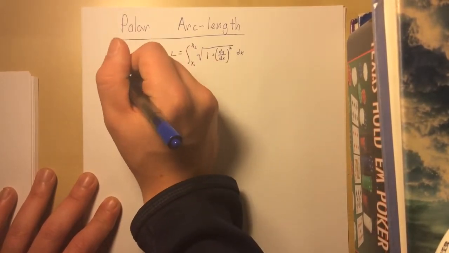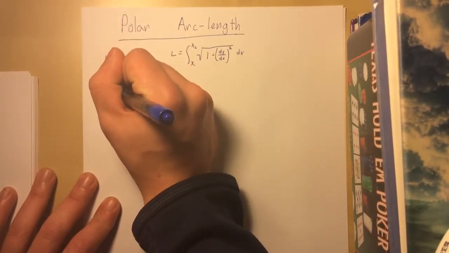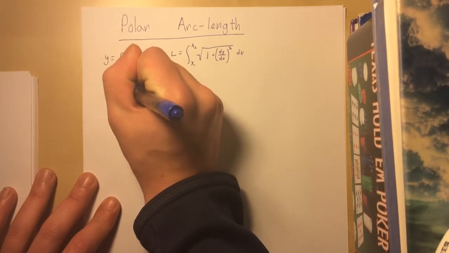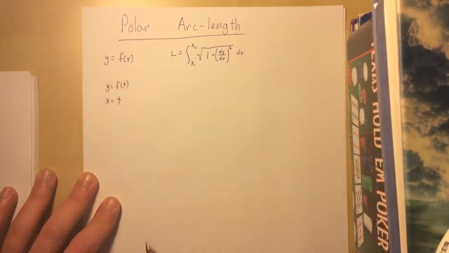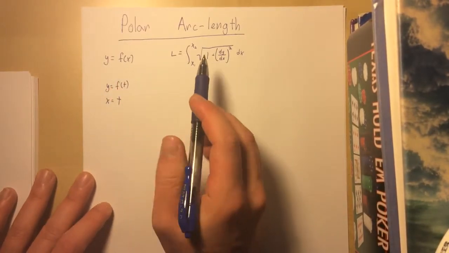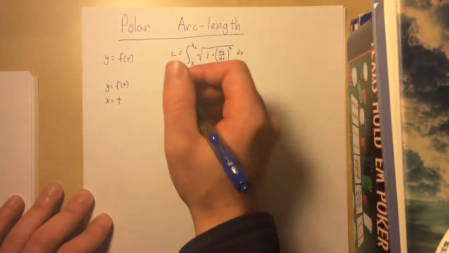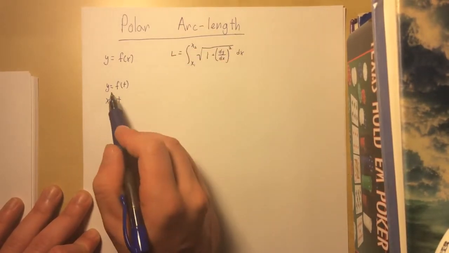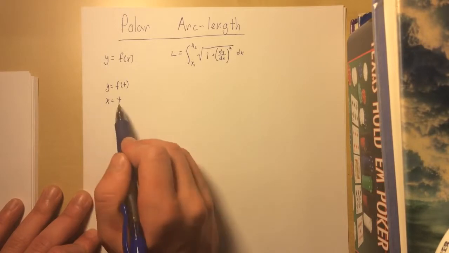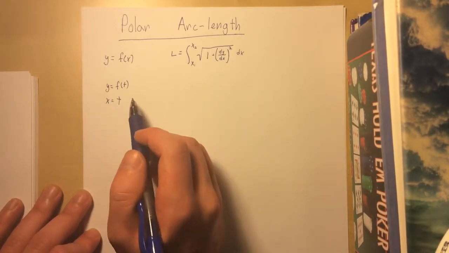If we write this as a parametric equation, we'd have y equals f of t, and x equals t. The definition of arc length says you're taking the integral of the square root of the derivative of the first equation squared plus the derivative of the second equation squared.